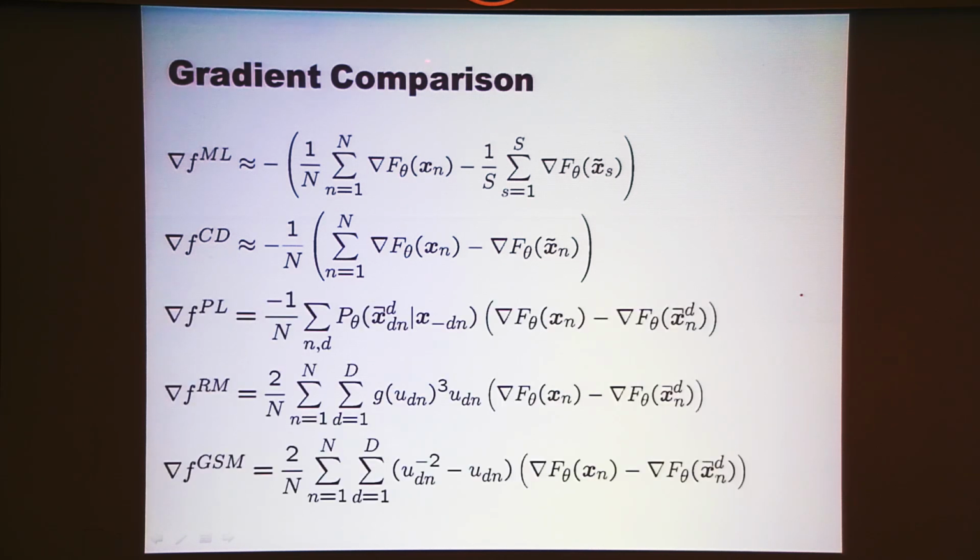Gradient for comparison of all these estimators. They all are contrasting the free energy. The only difference is what you're contrasting against. A sample, a perturbation of the data, flipping one variable at a time. But fundamentally, it's all about how do you pick the negative data.